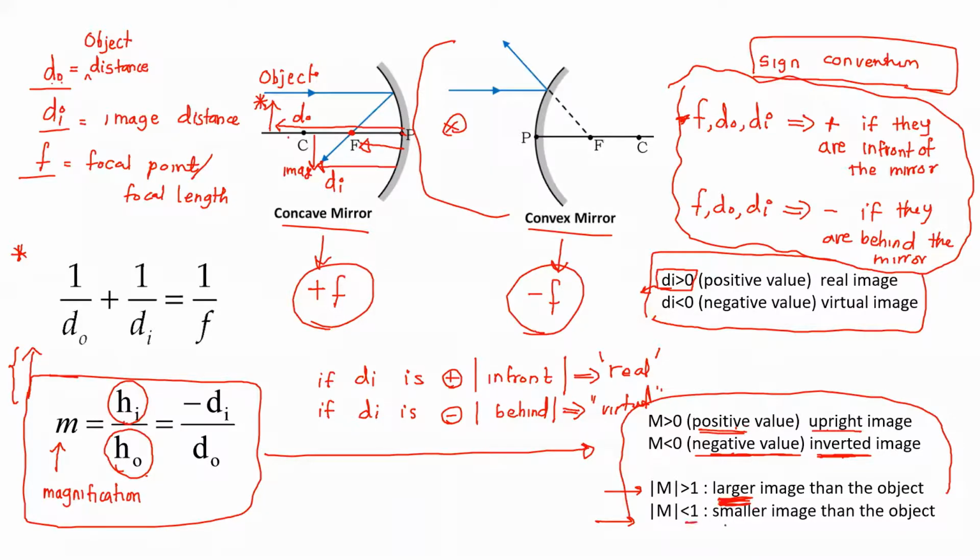If it's smaller than 1, that means your image is smaller than the object. So are you okay with this slide? This is very important. If you want, you can take a screenshot.